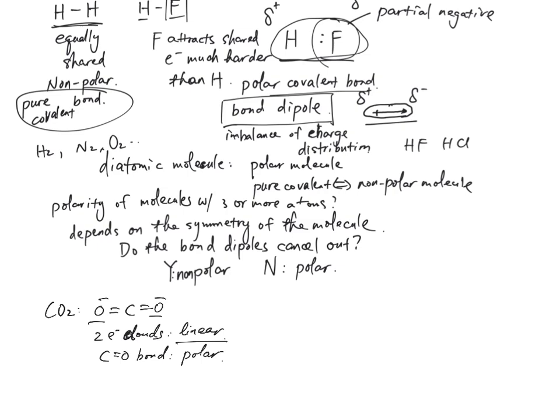As long as you have an electronegativity difference between the two atoms, you're going to have polar bonds. Oxygen has a higher electronegativity than carbon, so for both bonds you can draw the bond dipole: oxygen attracts electrons harder, so oxygen is the partial negative end, and carbon is the partial positive end.